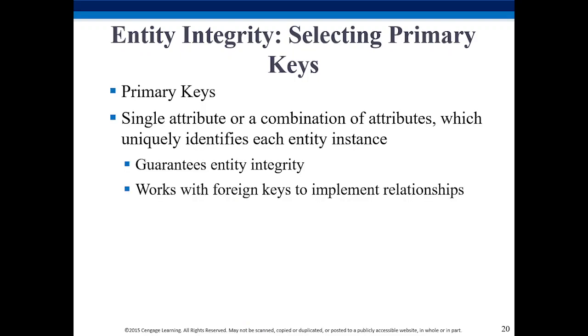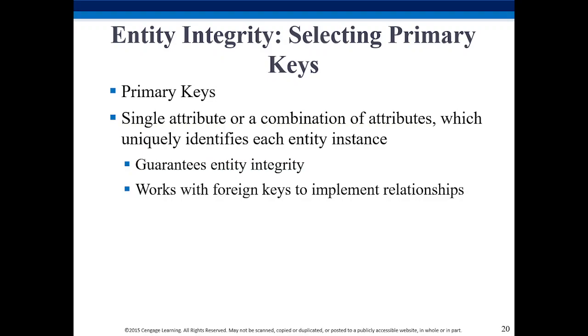Okay, let's move on to the next topic, which is selecting the primary keys. We've discussed the purpose of primary keys. A primary key is a single attribute or some combination of attributes that uniquely identifies each entity instance.